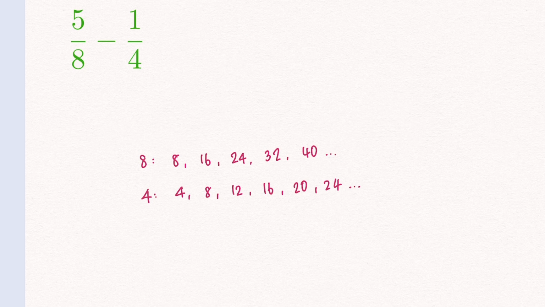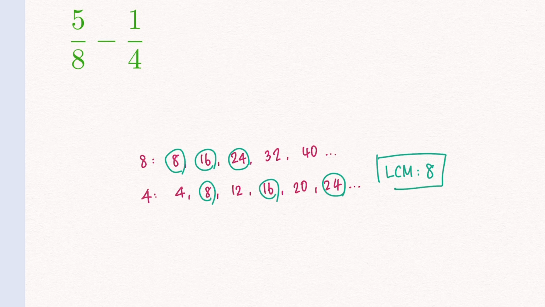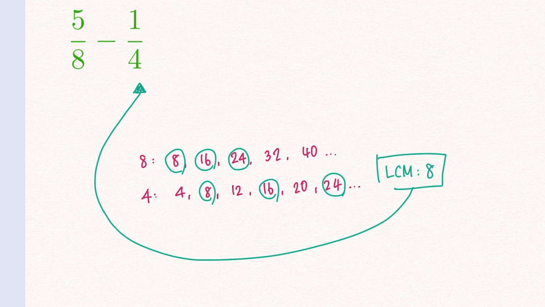I'm stopping here because I can already see the common multiples of 8 and 4, which are, I can see my 8, I can also see 16, and I see a 24. So between 8, 16, and 24, the lowest common multiple is 8. And that means that we need to change this denominator to become 8 because the first fraction already has a denominator of 8.